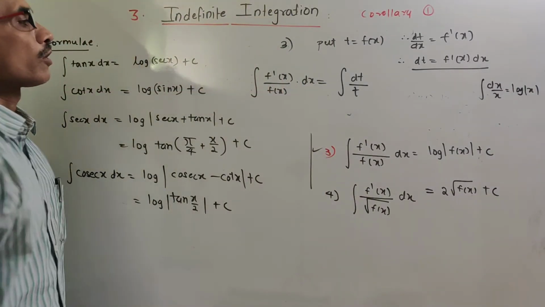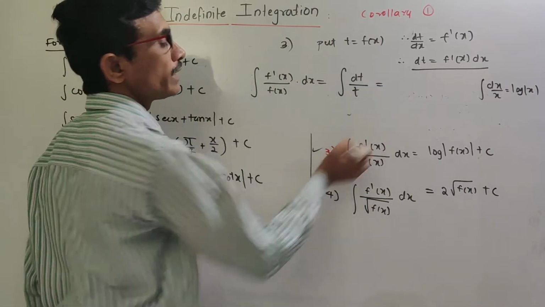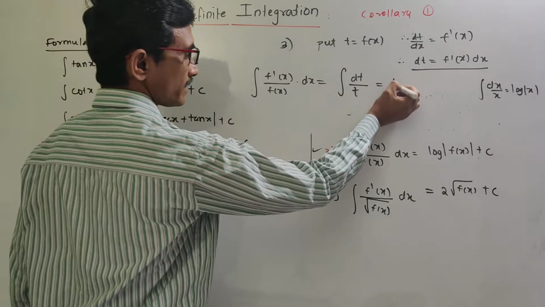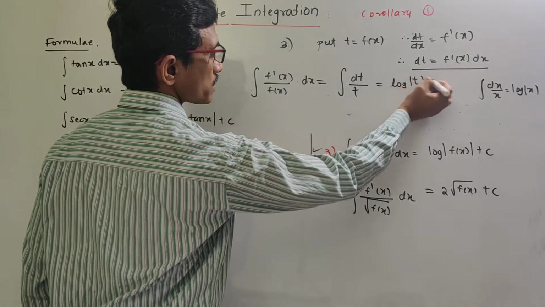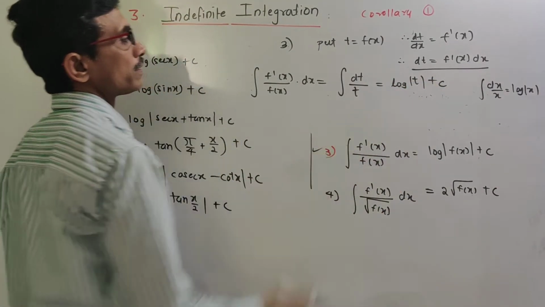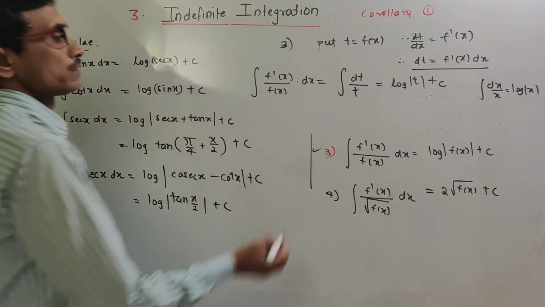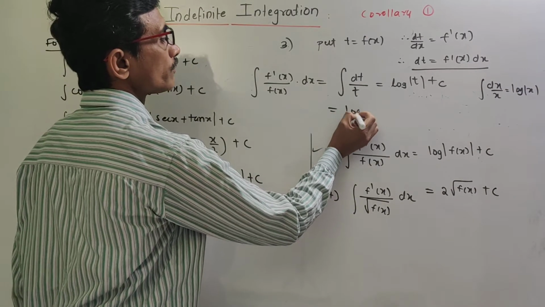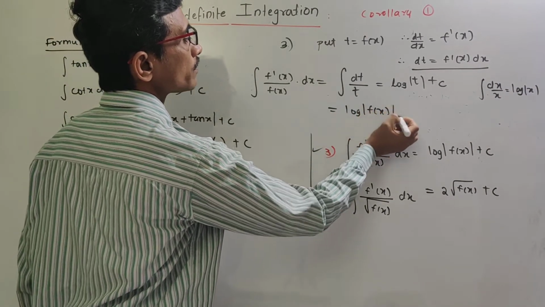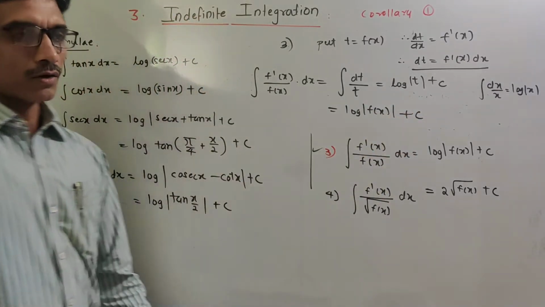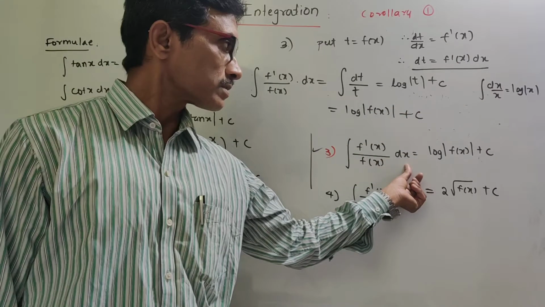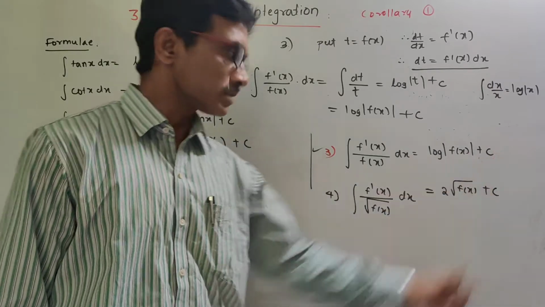So dt upon t will be log of t plus c, but t is equal to f of x, so this will be log of f of x plus c. So our corollary is: integral of f dash of x upon f of x dx is equal to log of f of x plus c.